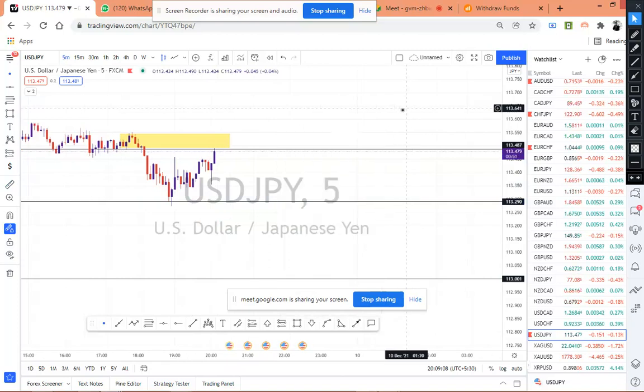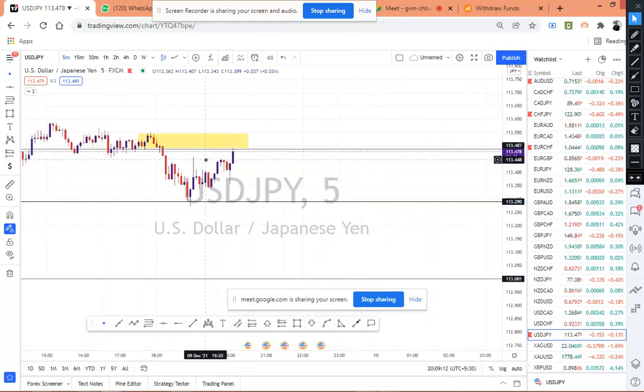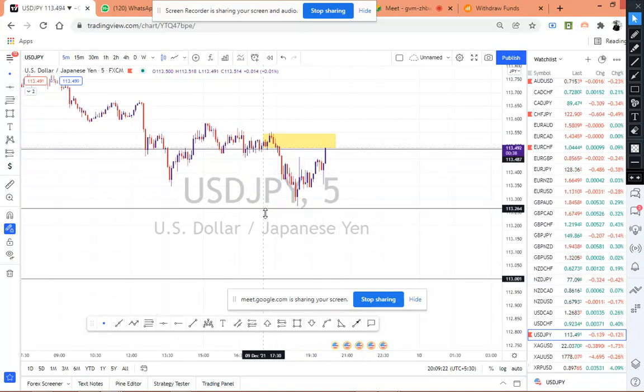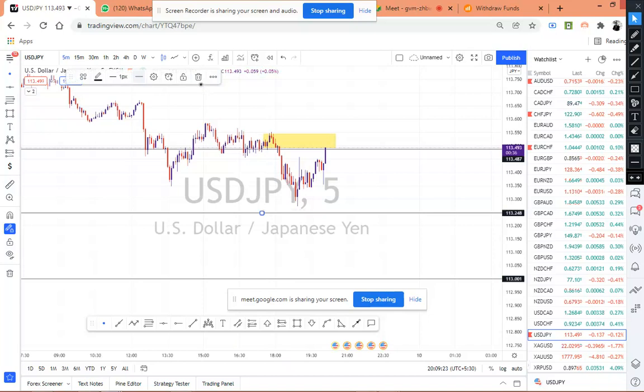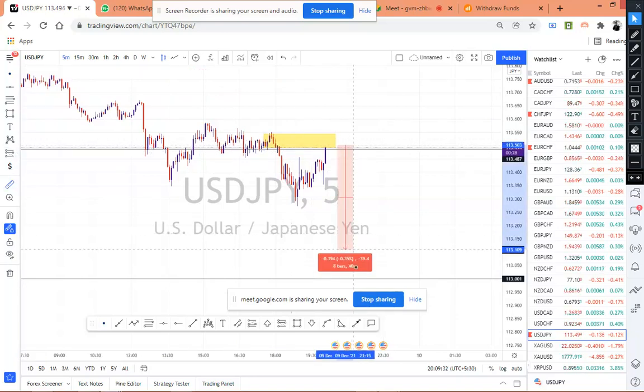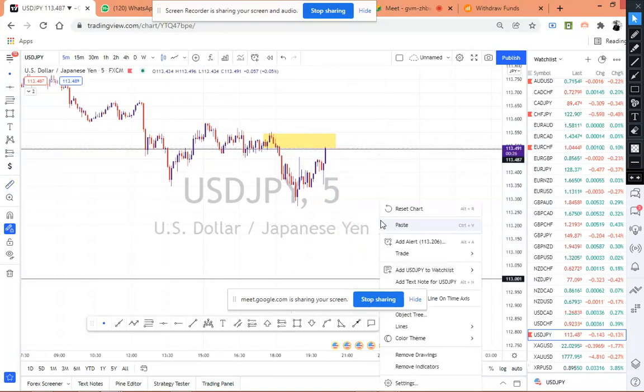So I'm not sure about this trade, but I can see resistance breakout. Okay, I can see resistance breakout. Or if I should extend the stop loss and the take profit level to this, how many pips? Almost 50 pips.